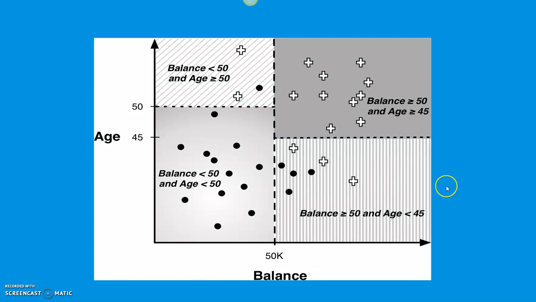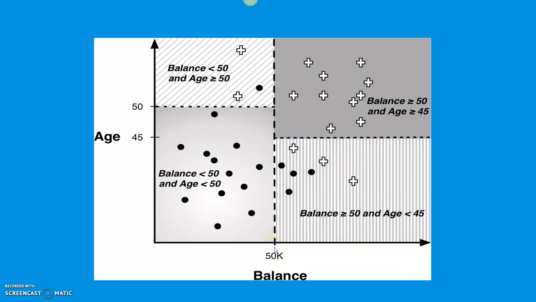In this picture, we have just used two of the variables available, balance and age. We have not plotted whether the person is employed or not. We call this a decision boundary. What we've done is divide all the customers into groups.